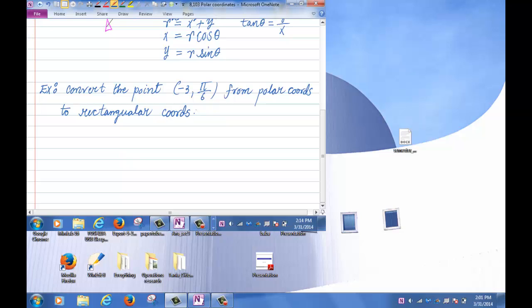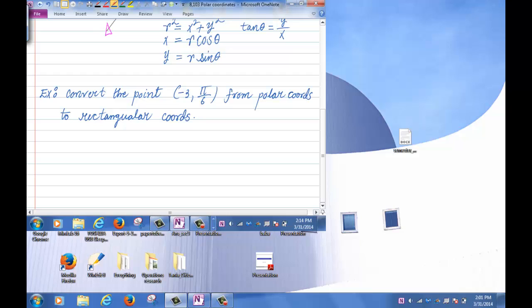So how do I do this? I need to know the rectangular coordinates, x and y. What's the relationship between the Cartesian coordinates and the polar? This is my r and this is my theta. The formula for x is r cosine theta. What is r? -3.